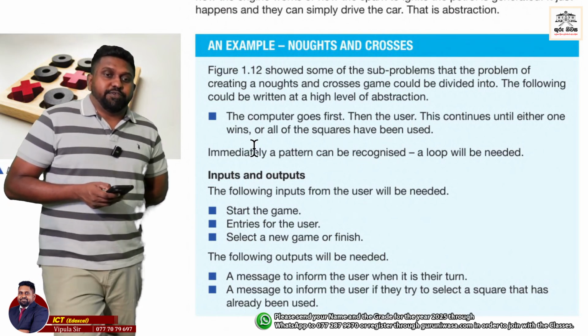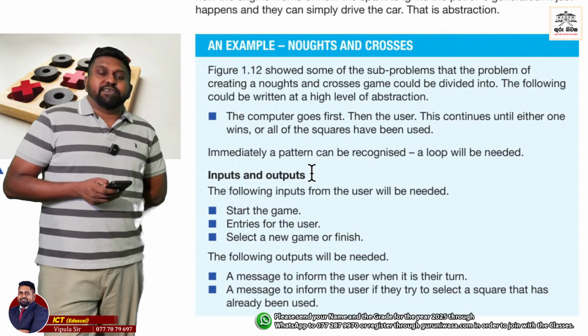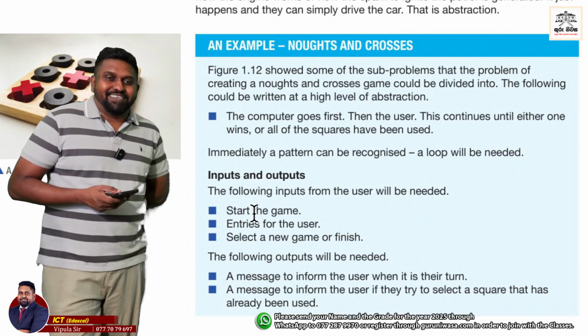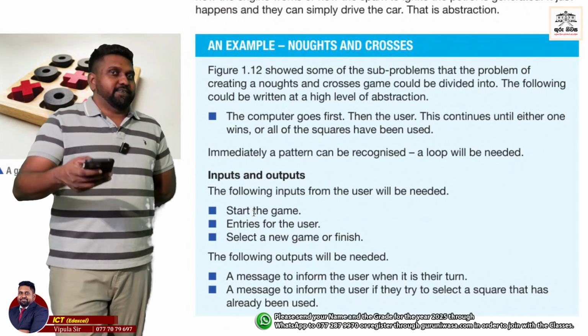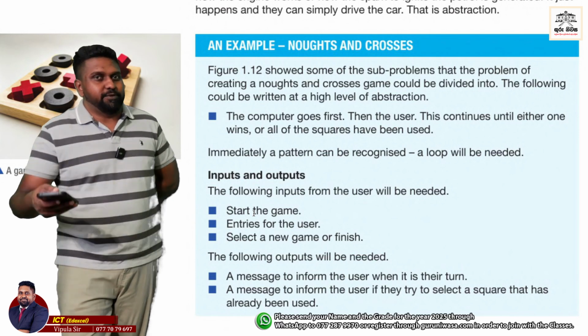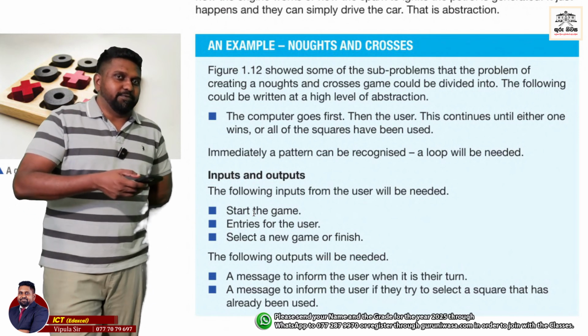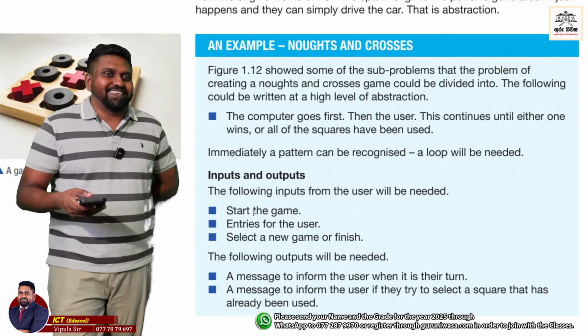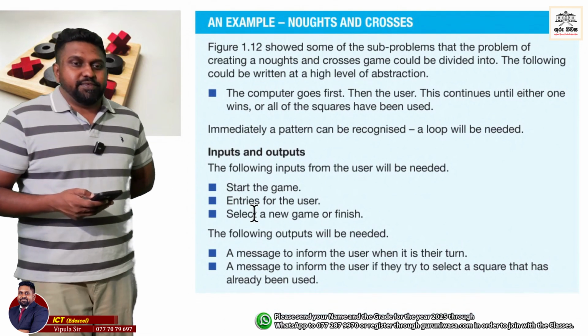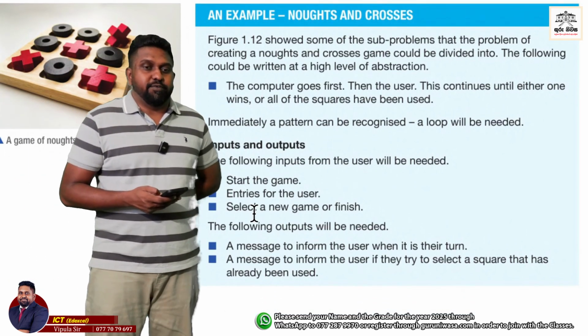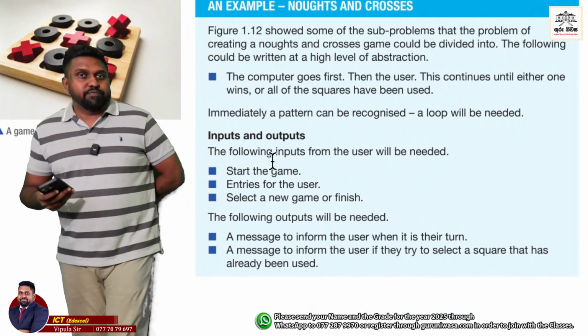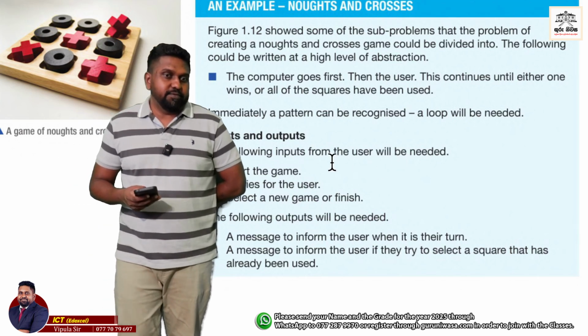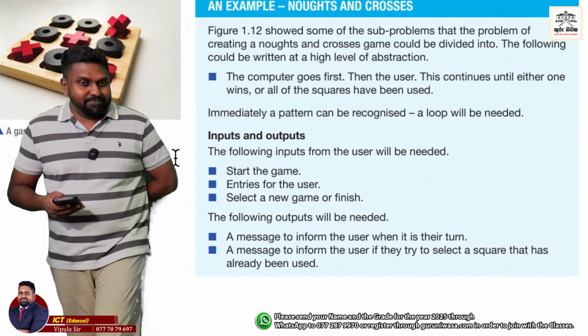So immediately a pattern can be recognized, right? The computer goes first, then you go second, then the computer goes again, and you go again after that. Likewise, here you get the inputs and outputs. What type of inputs do we need? First of all, we need to start the game.